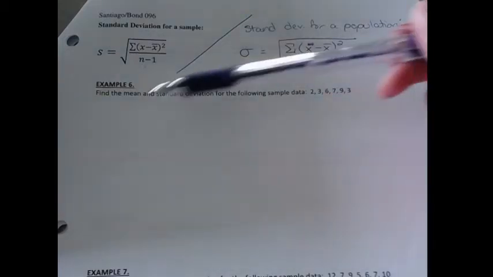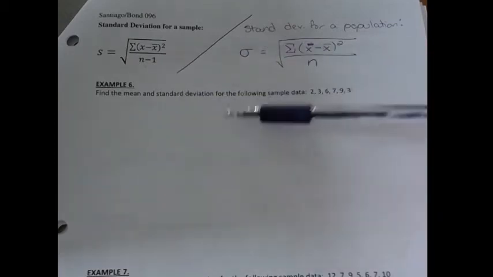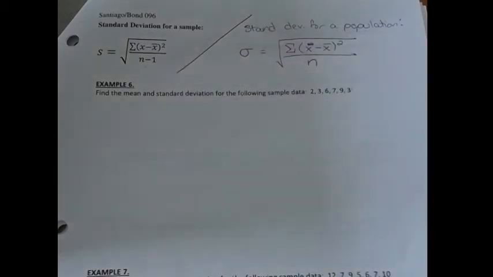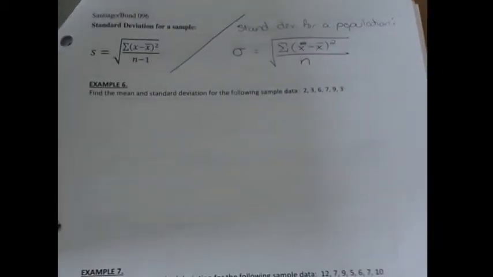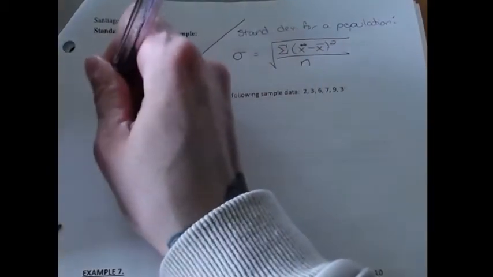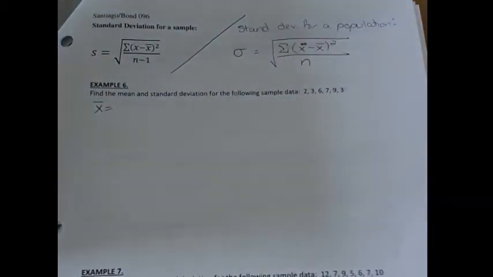So I'm going to walk us through only one of these problems because essentially they're both identical in the process. I'll do one and you can take the other one home to try it on your own. So for example 6, we want to find the mean and the standard deviation for the following set. The first thing we are going to do is calculate the mean by adding all of our values.